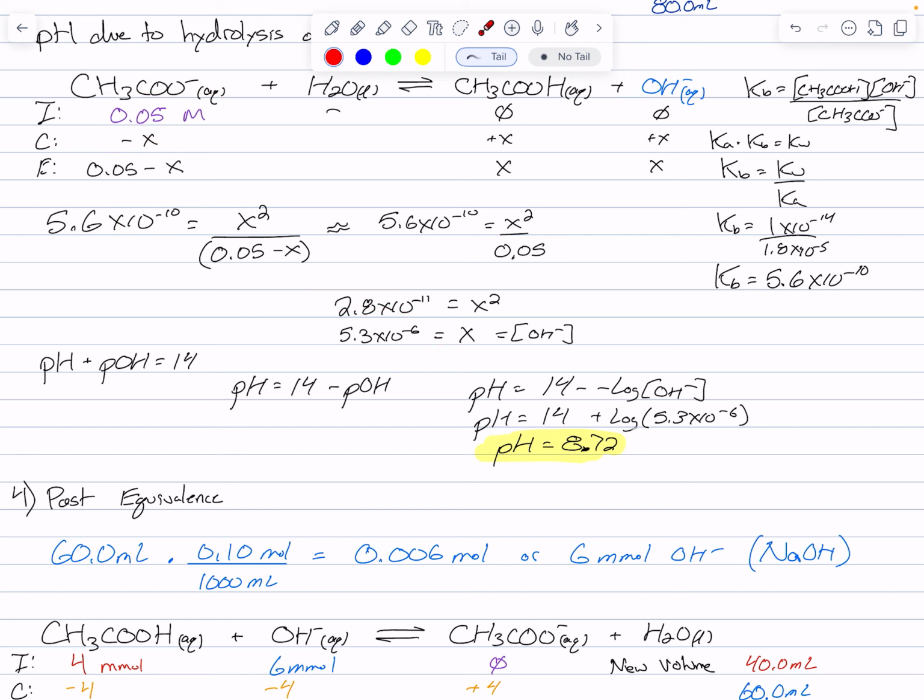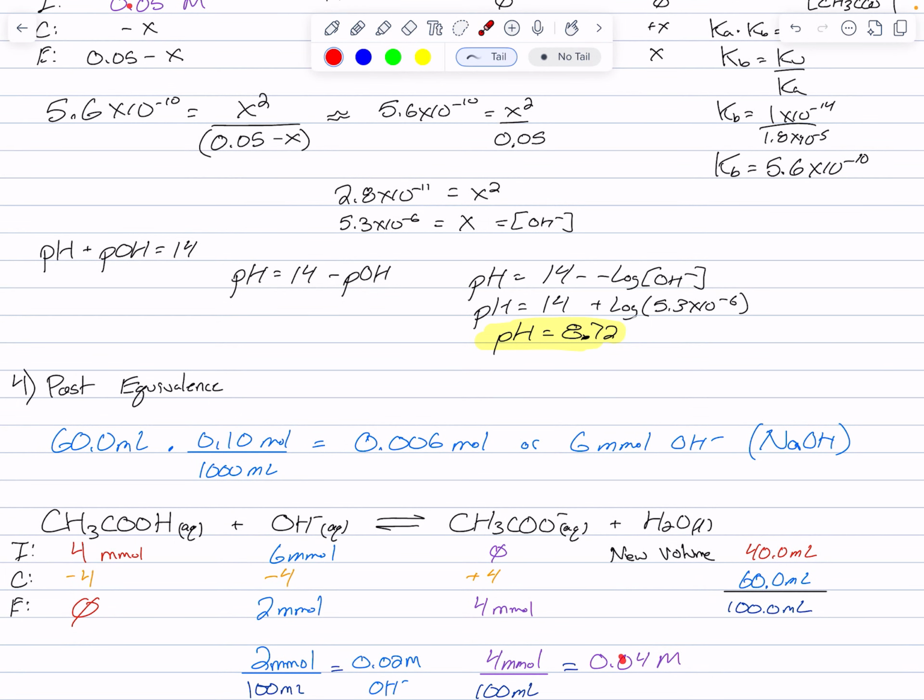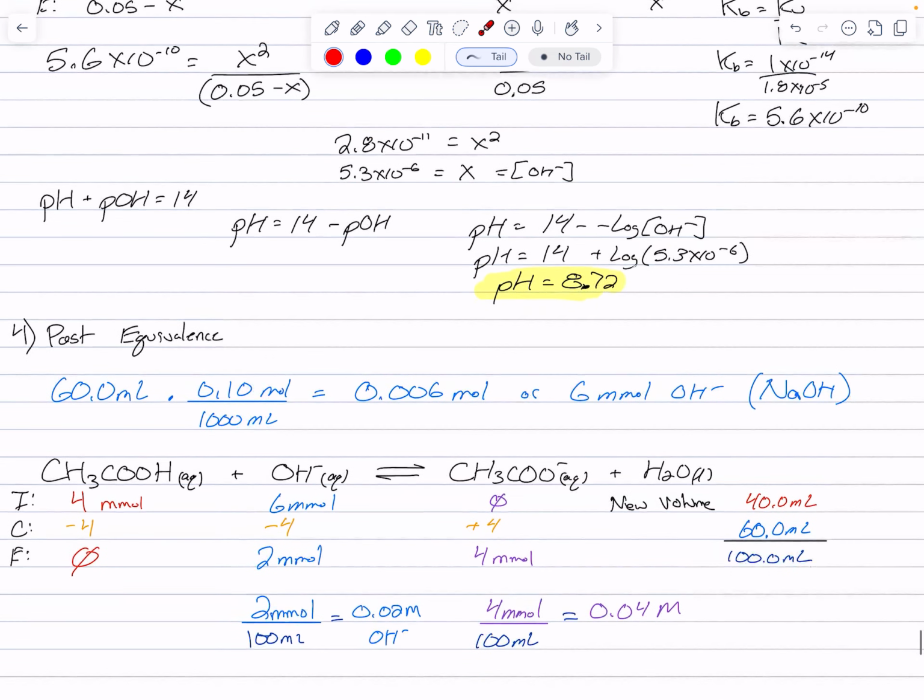So if you follow my logic here, this much conjugate base produced this much hydroxide. Let's assume that 0.05 molar and 0.04 molar are going to produce the exact same number. All right? My question to you is, if I add this number to the 0.02, what do we get?